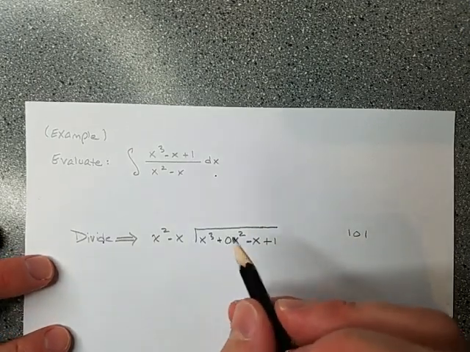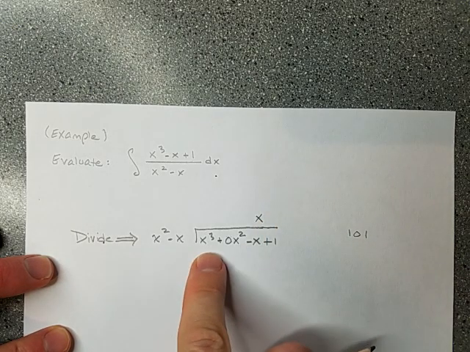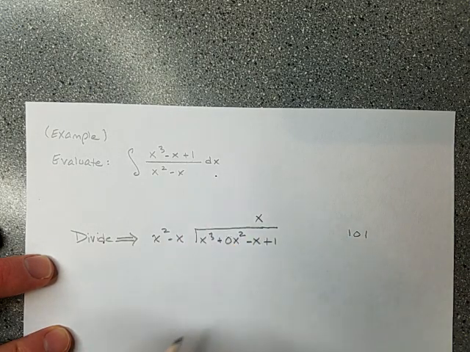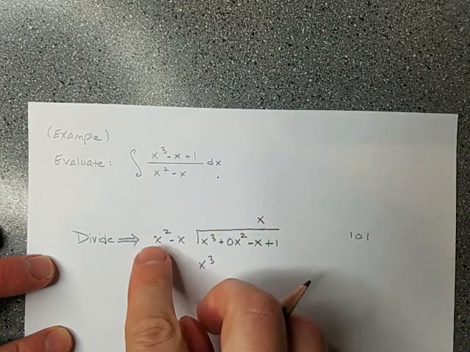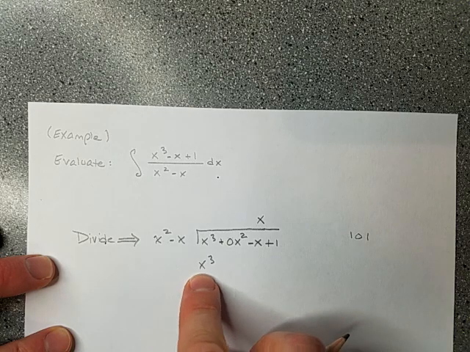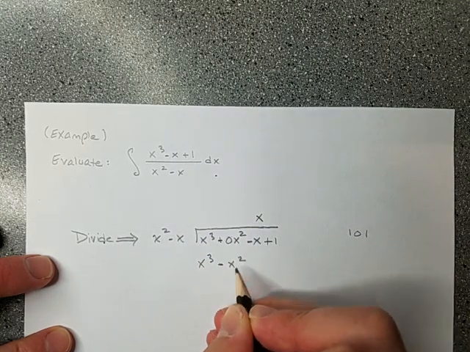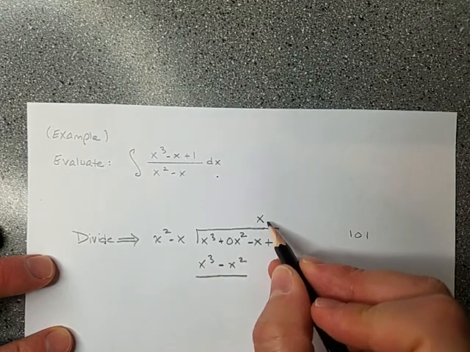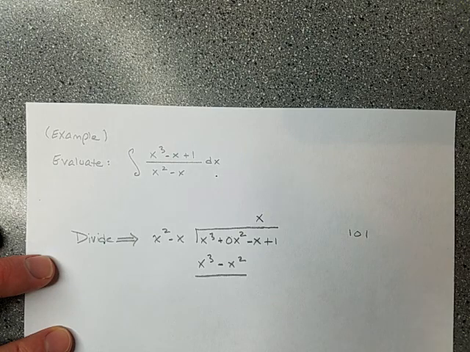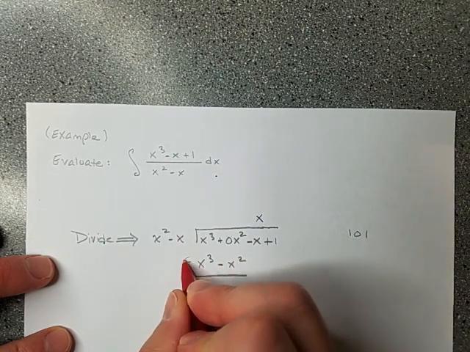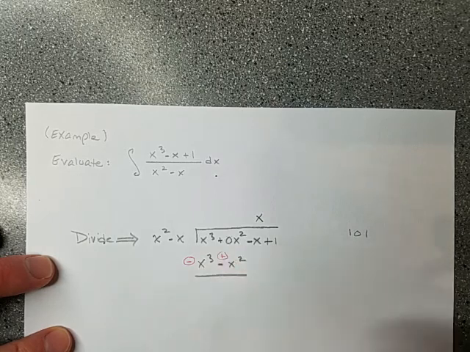Okay, so let's see. I want to choose something such that when I multiply by this, I'm going to get x to the third power. That would be x. So if I do that, I'll get x to the third power. x times x squared is x to the third power. x times negative x is negative x squared. Okay, so I chose this. I multiply it by that. Here's what I'm looking at. Then I subtract. So that will amount to subtraction here, but it will amount to addition right there.